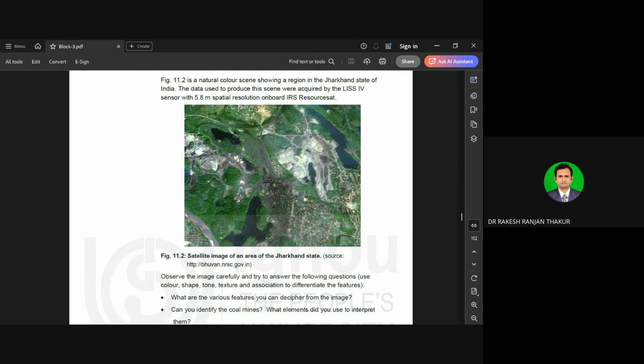Then some white color in a very scattered way, so these are some industry, some mining town have developed. Then this is the whole imagery, this is nothing but a mining area, so it is useful.